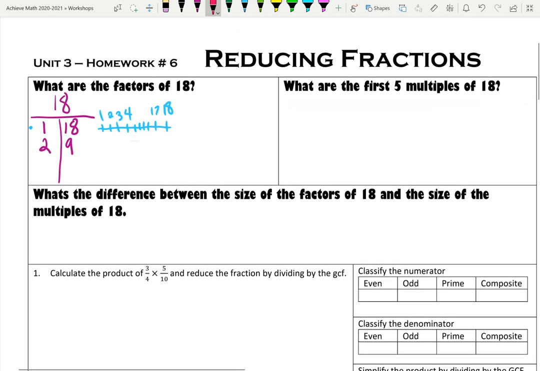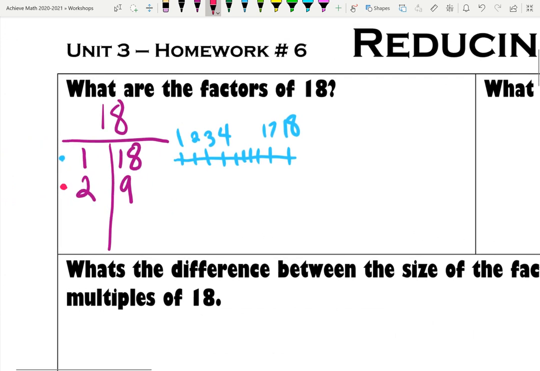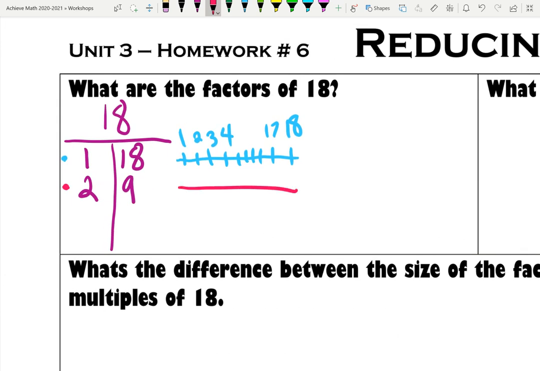But now in the second line, I would have to just look at the numbers between 2 and 9, which would be 3, 4, 5, 6, 7, and 8. That's my responsibility to check all of those.